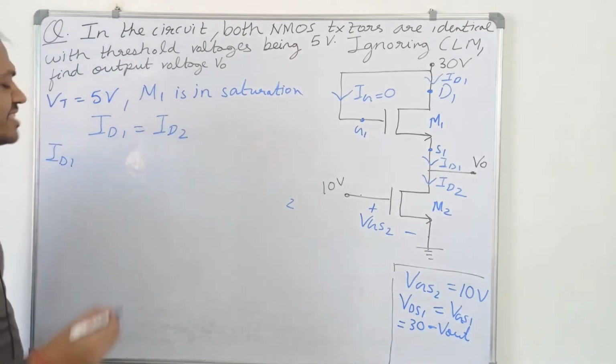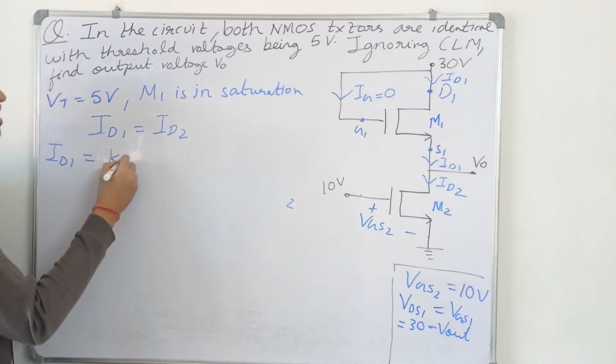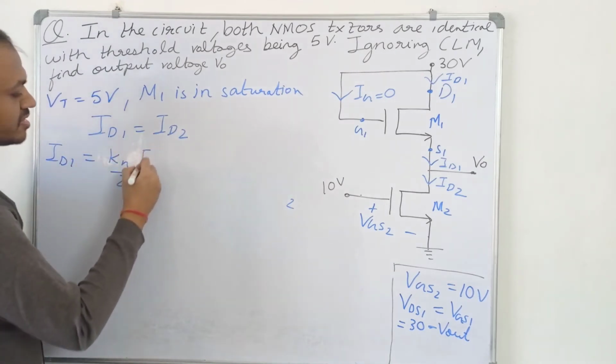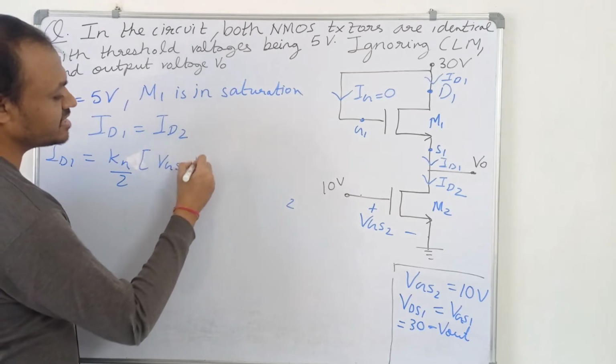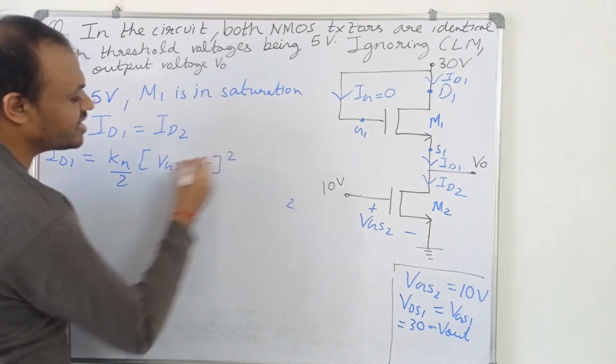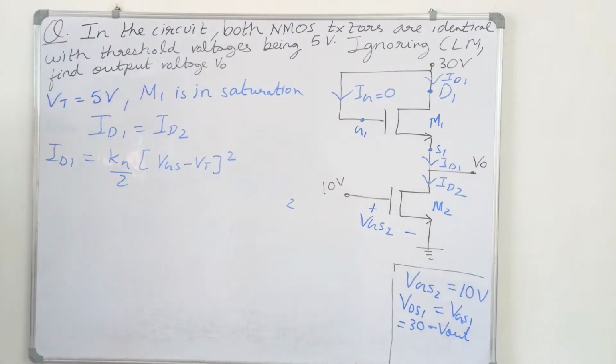Now transistor 1 is in saturation, so ID1 will be Kn upon 2 times (VGS minus VT) square, where VGS is the gate to source voltage and VT is the threshold voltage. This is the formula for the drain saturation current of a MOSFET.